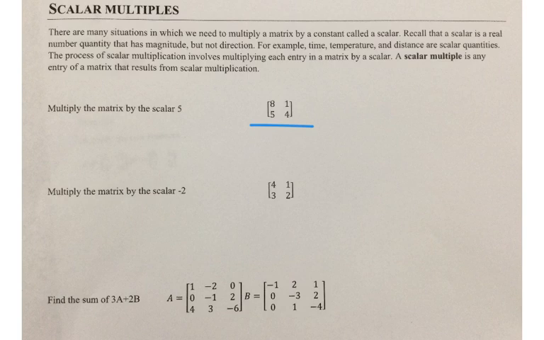So here I've got a matrix, and he wants me to multiply it by the scalar 5. Well, you're essentially distributing. So if I multiply all of those by 5, that's 40, 5, 25, 20.